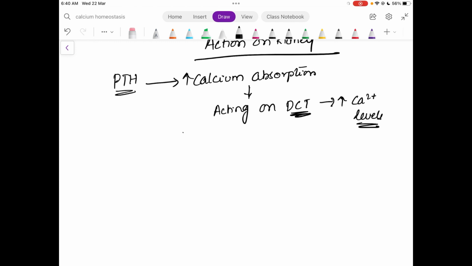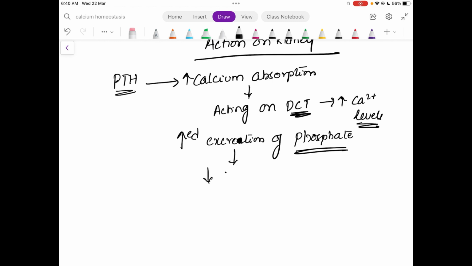And PTH causes increased excretion of phosphorus, that is phosphate is excreted out, and causes decreased serum phosphate levels.